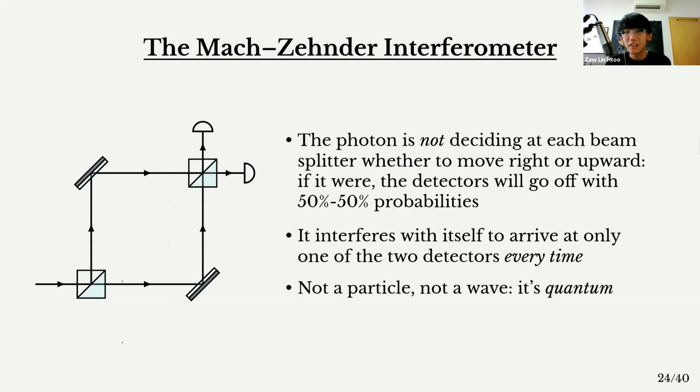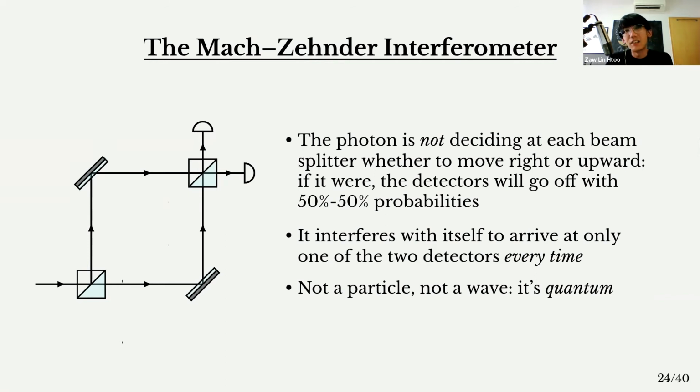And the misconception really comes in because once we know that light is discrete, we say, okay, it's like a particle. And so we always say a particle goes to a beam splitter, flips a coin, goes to the right, goes up. That's not really the case. But it's also not really the case that it's a wave, because if it's a wave, at the end you will find it at both detectors.